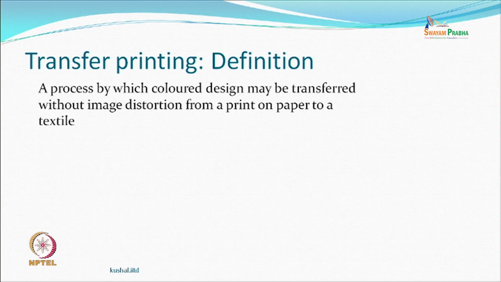Now paper could be a film also, but generally paper is what people may be using. So you first print the paper and then transfer from the paper to a fabric.